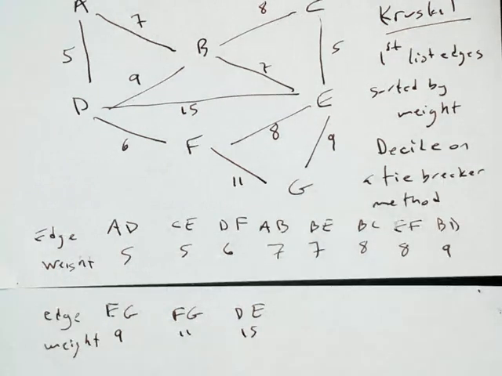So this is my ordering. What do I want to start with? If my goal is to find a minimum spanning tree, I should start with the smallest one. But all that means is you're going to work from the bottom of your list to the top rather than from the top to the bottom. That's fine.